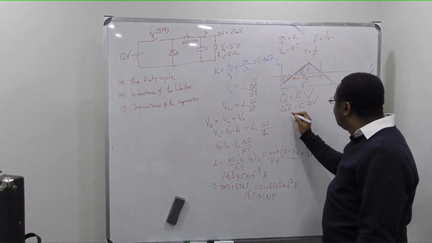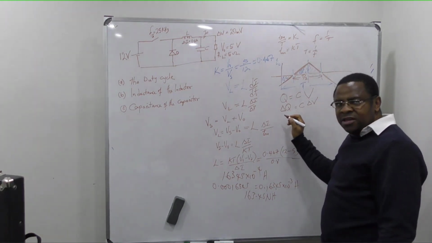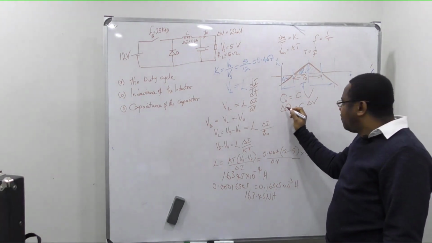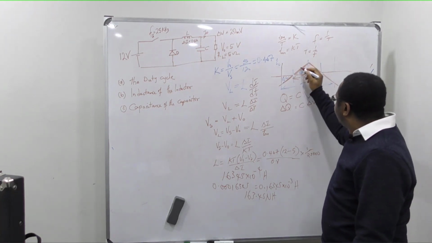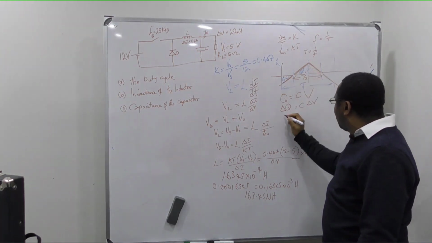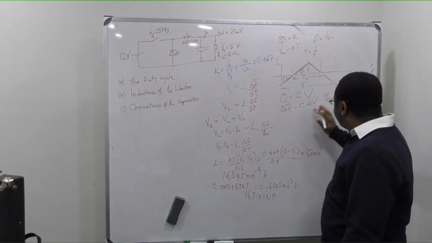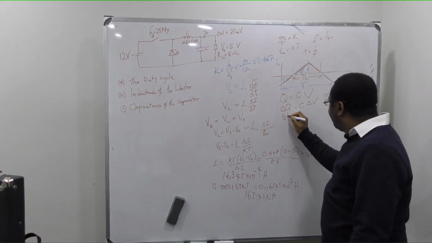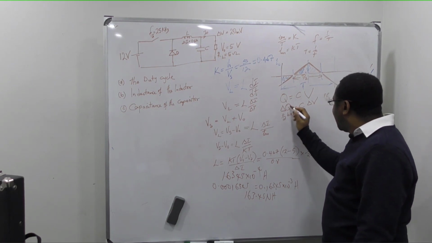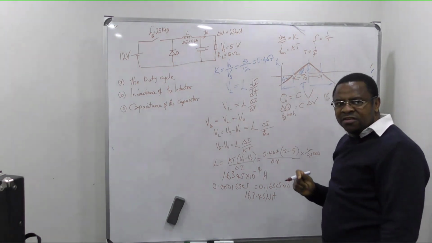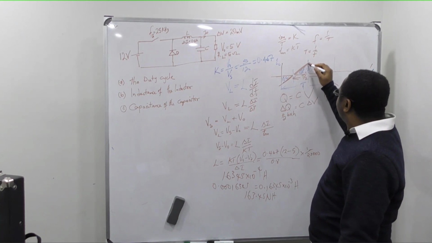So what am I going to do? The quantity of electricity that we have at this point is the area of this triangle. And area of a triangle is half base times height. That is for quantity of electricity for this triangle here.